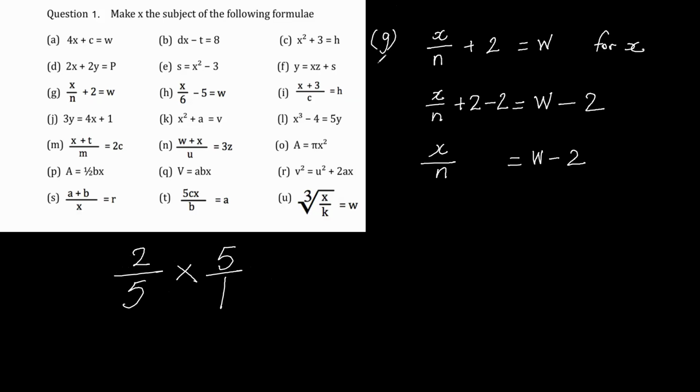I have to multiply by 5. So I have x over n. Can people tell me what I am doing now? x over n times n over 1.